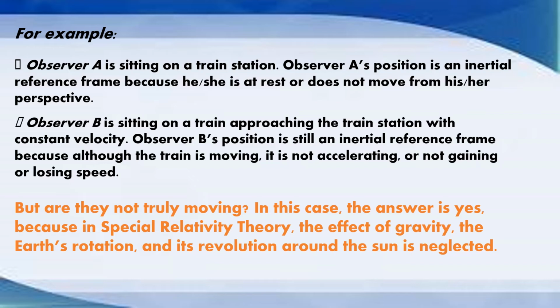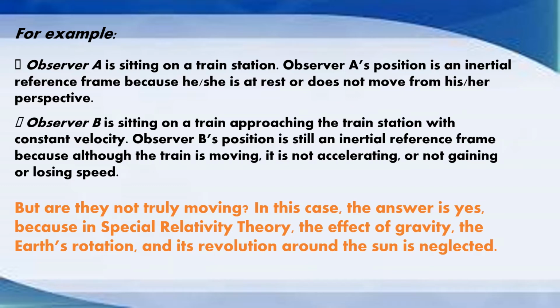For example, we have here observer A and observer B. Observer A is sitting in a train station. Observer A's position is an inertial reference frame because he or she is at rest, or does not move from his or her perspective.